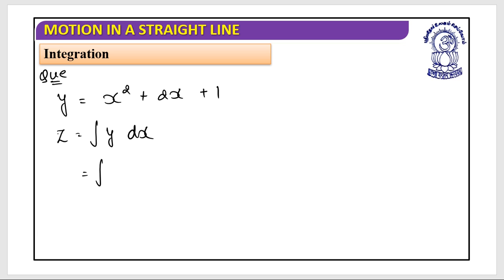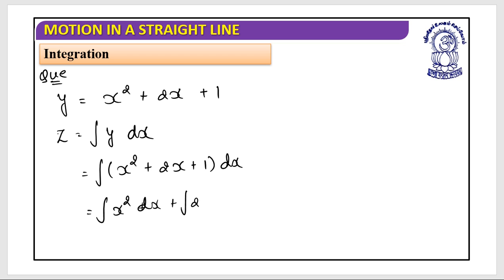So put in the value: integration of x square plus 2x plus 1 dx. We can write integration of x square dx plus integration of 2x dx plus integration of 1 dx.